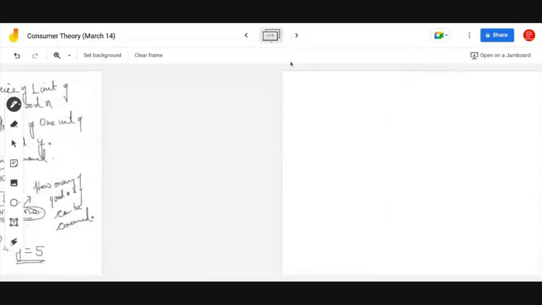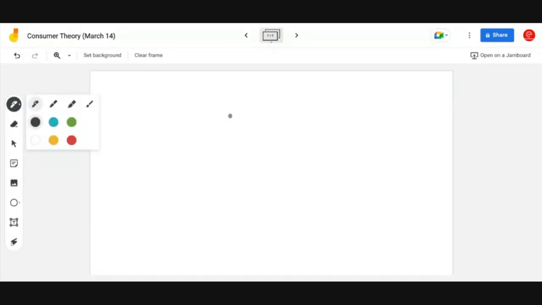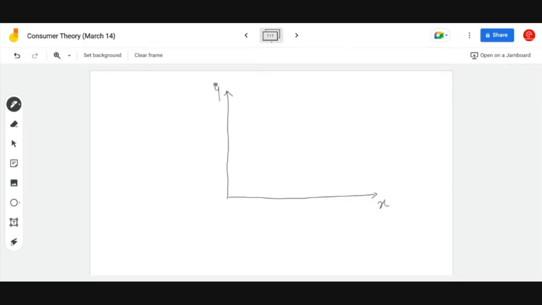Now remember this, this is very interesting. So this is your good X and this is your good Y. Here we mark 10, 20, 30, 40, 50 on one axis and 1, 2, 3, 4, 5 on the other.